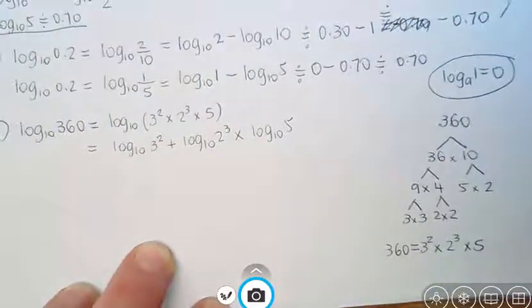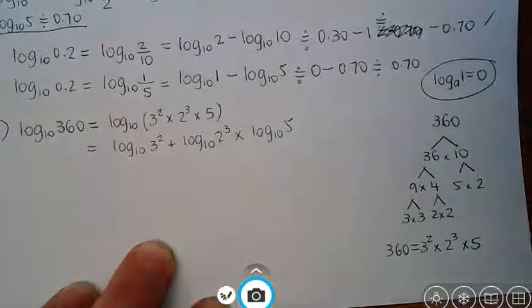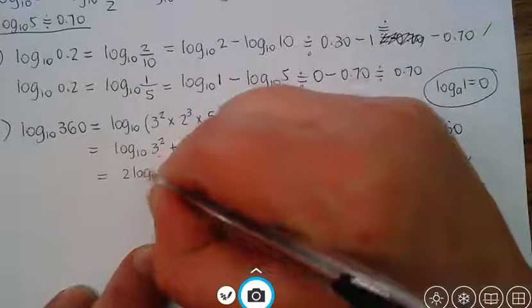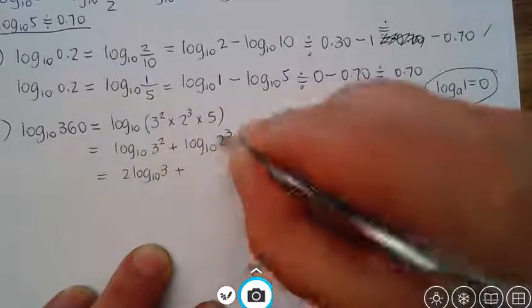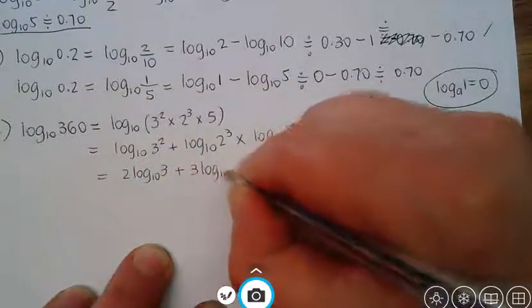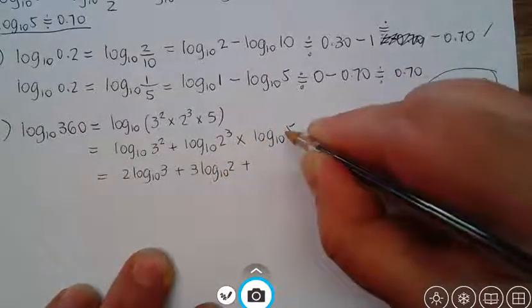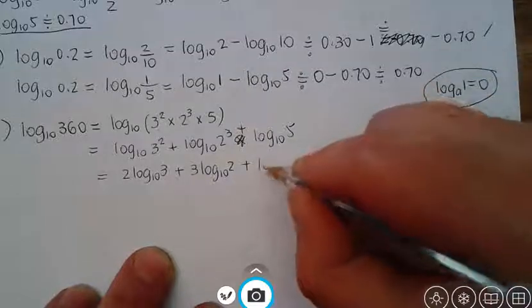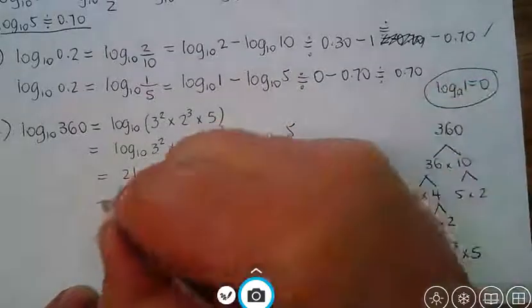So that's just a bit right. Okay, and I can bring my 2 to the front, so that's 2 times log to the base 10 of 3 plus 3 times log to the base 10 of 2 plus log to the base 10 of 5. Now I can just substitute.